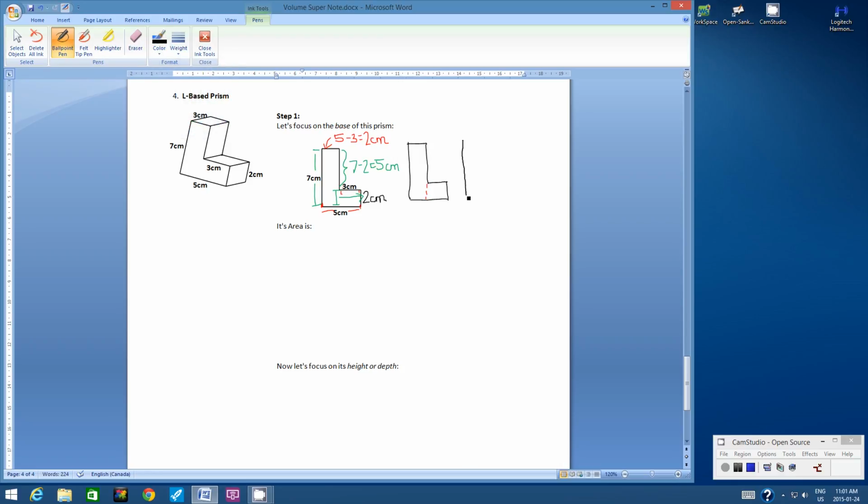We should probably end up with the same answer, but if I were to draw this L shape of the base, we could also divide it this way into two rectangles. How you proceed depends on how you split this up.